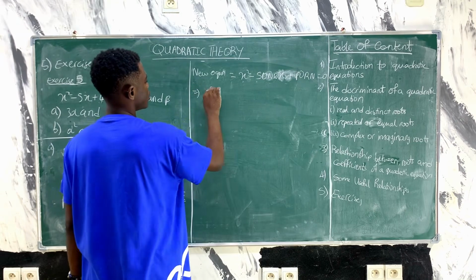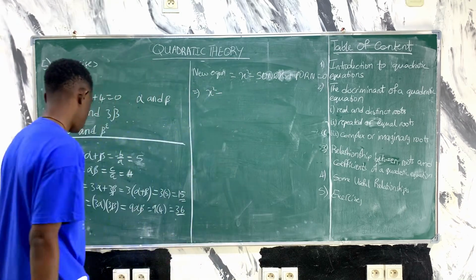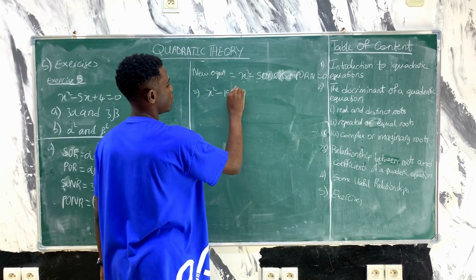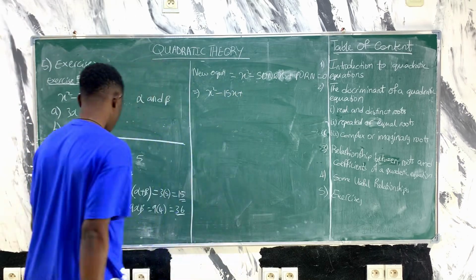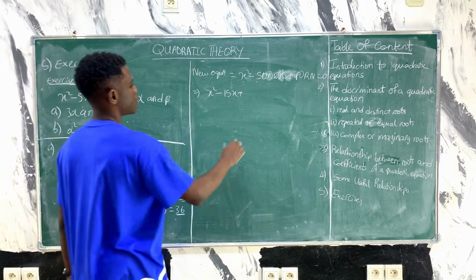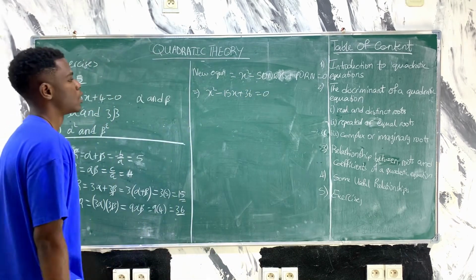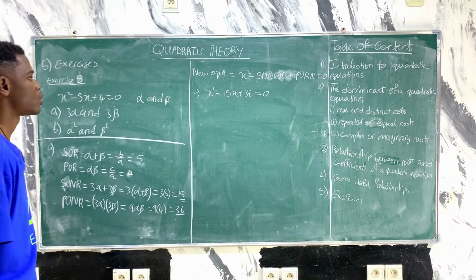So our new equation is going to be x squared minus the sum of new roots, 15x, plus the product of new roots, 36, equal to 0. So that is the new equation.